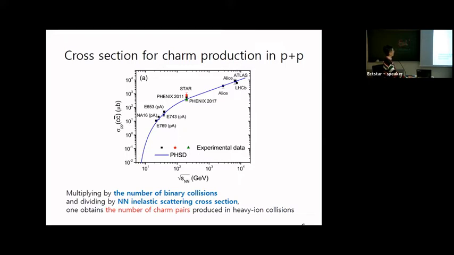Then you can extend it to heavy ion collisions, multiplying by the number of binary collisions and dividing by the nucleon-nucleon inelastic scattering cross-section. We obtain the number of charm pairs produced in heavy ion collisions. So now we know how many charm pairs are produced: 2 pairs, or 3 pairs, or 10 pairs.